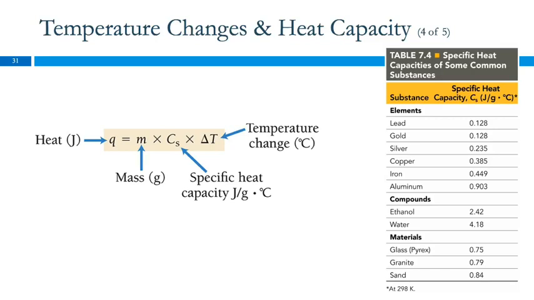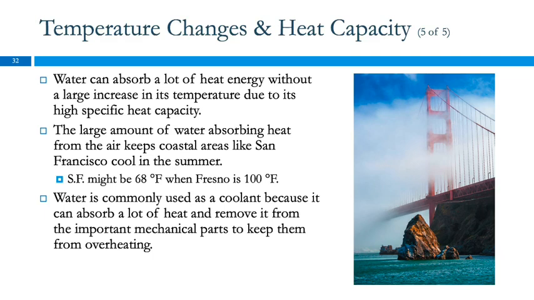So to get the same temperature change, you have to put in 4 times as much energy. Or if you put in the same amount of energy, the temperature only goes up by 1/4 as much. So this has a huge influence on our climate because water can absorb a lot of heat energy.